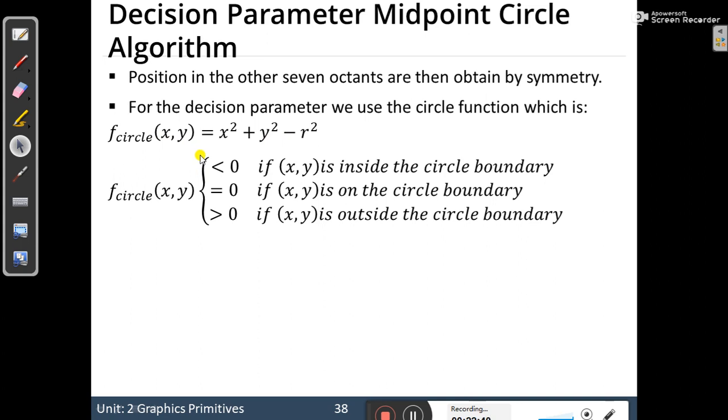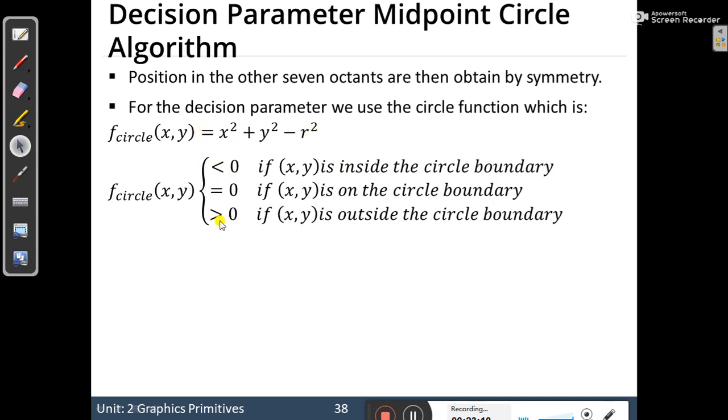The function says that we will follow this equation to find the decision parameter. For the decision parameter, we use the circle function, which is this. It will be equal to 0 if this value is almost equal to r, meaning the xy plotting value is on the circle line. It will be less than 0 if it is inside the circle, because this value will be lesser than r.